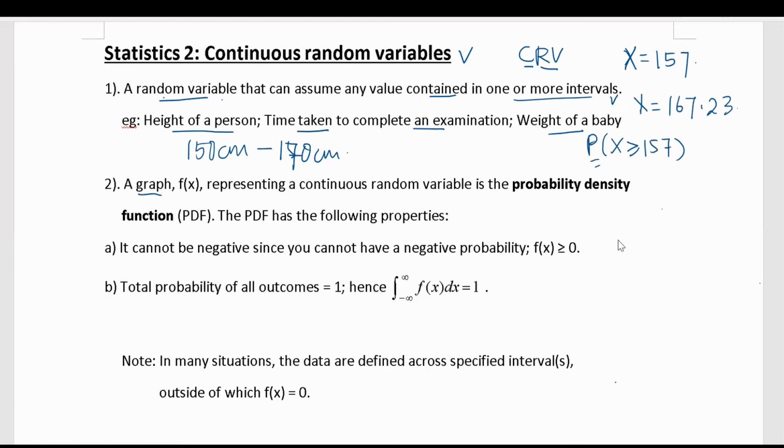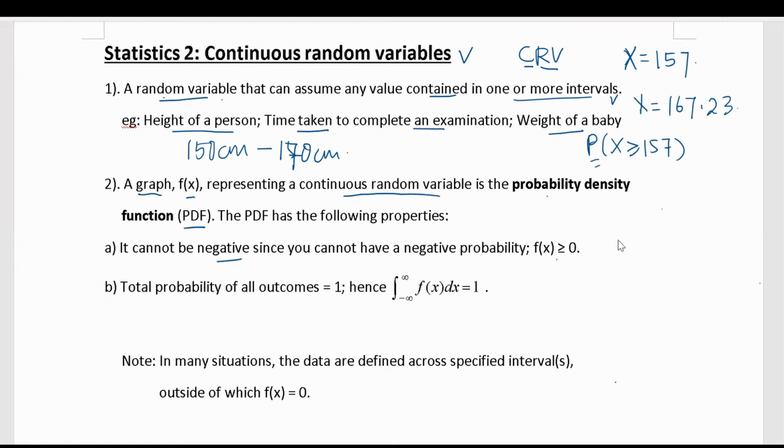A graph f(x) representing a continuous random variable is the probability density function, PDF. The PDF has the following properties. A, it cannot be negative since you cannot have a negative probability, right?